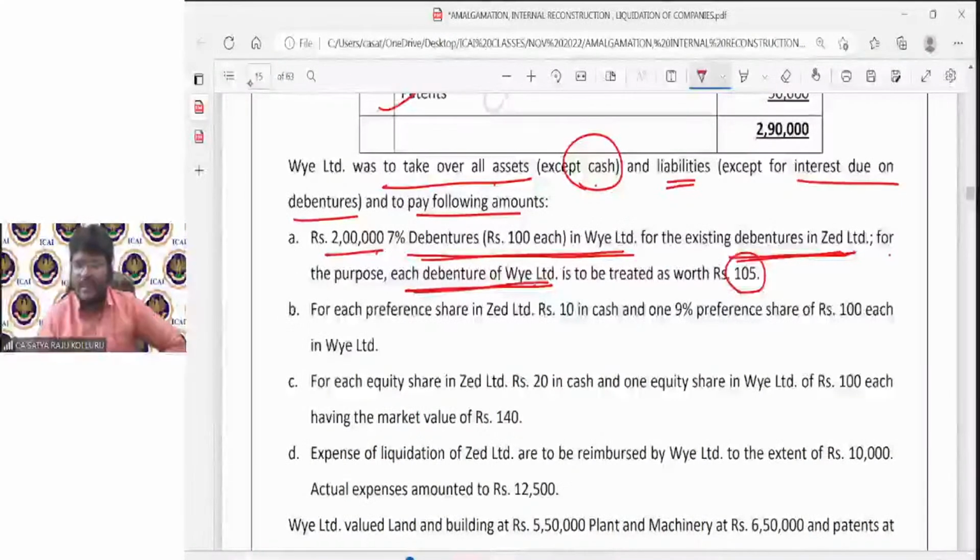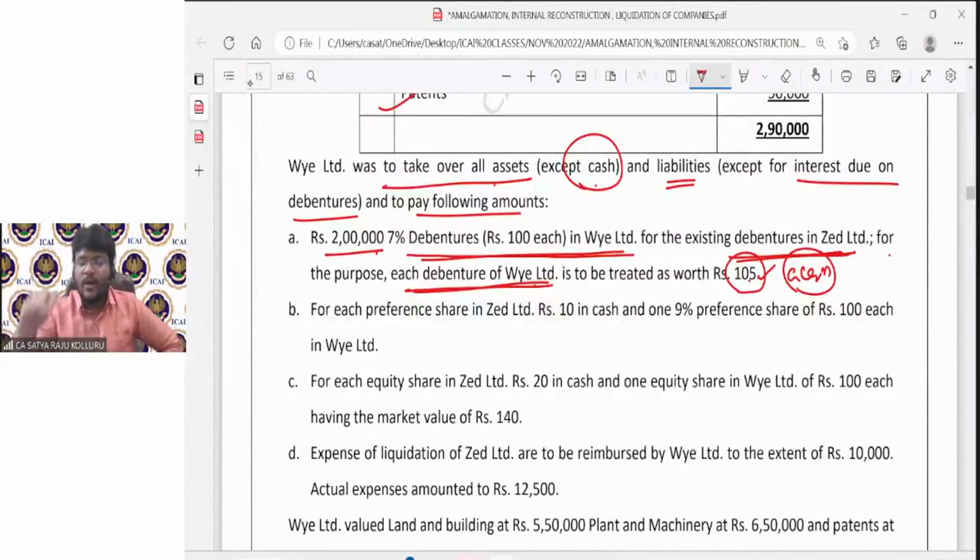What he is conveying indirectly is that the purchasing company is ready to take over the debentures of the selling company by paying 105 per debenture. Simply, the acquisition price for each debenture in the selling company is 105 rupees.